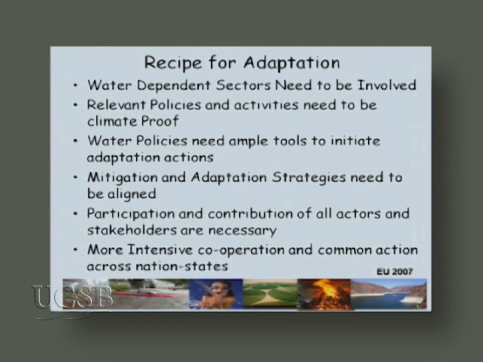Again, as they look at their adaptation strategies, they're getting all partners and multiple sectors involved, rethinking some of their water policies, and trying to incorporate climate proofing in their water policies, because they understand that climate is changing and affecting precipitation patterns.